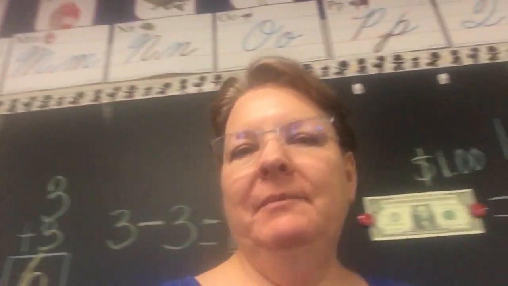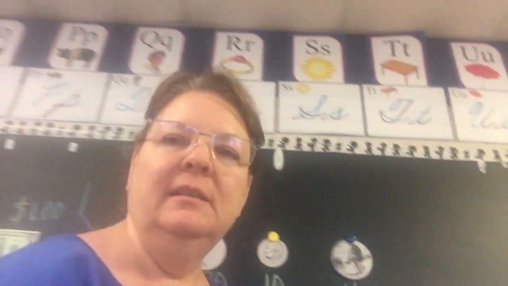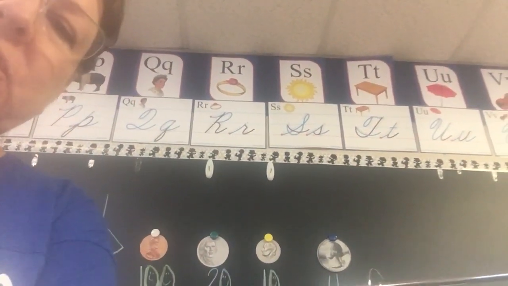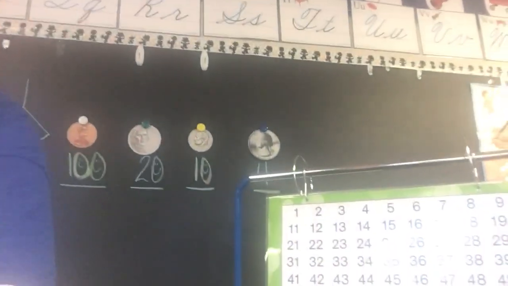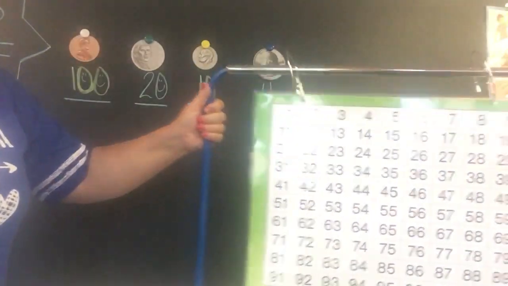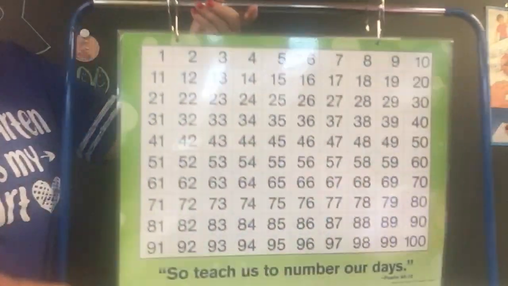Now, let's go ahead and look at our number charts, okay? I'm going to move it right here where we can see. Our number chart each day, you should be counting from 1 to 100 if you're having trouble with that, okay? And there's a glare because of the lights.